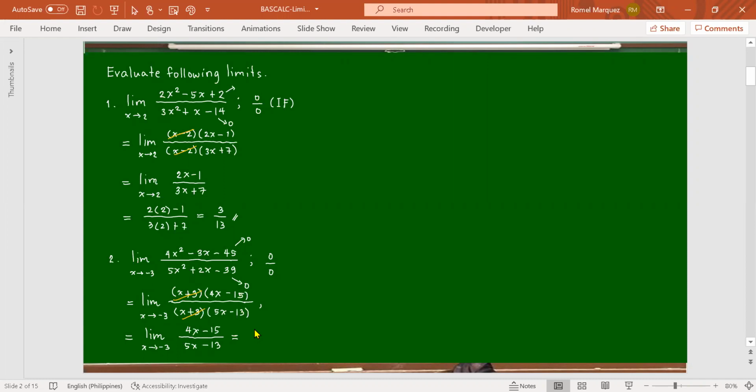So we have 4 times −3 minus 15. What about the denominator? We have 5 times −3 and then minus 13. And finally, what's the answer, guys? −27 over 2?